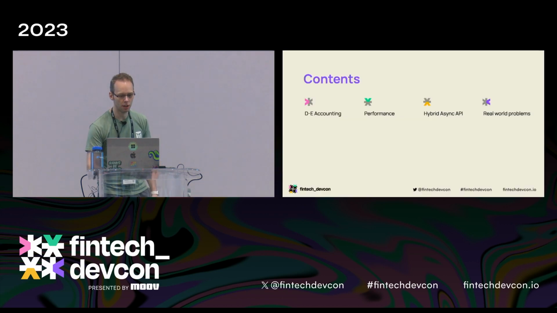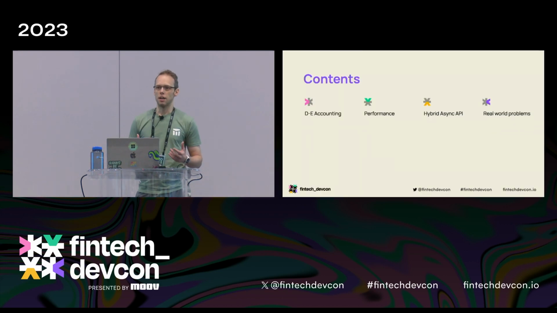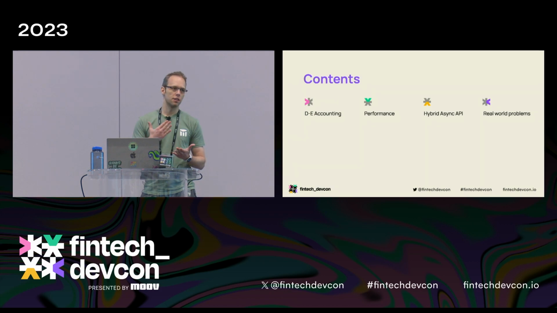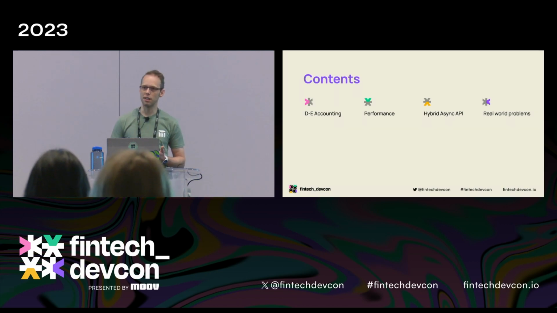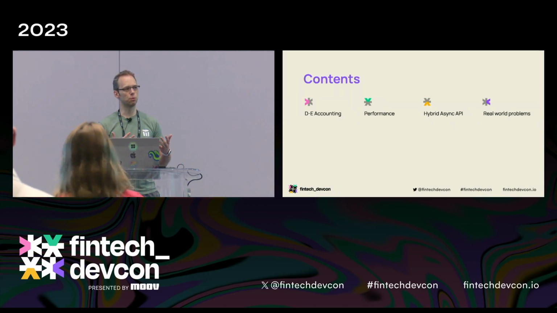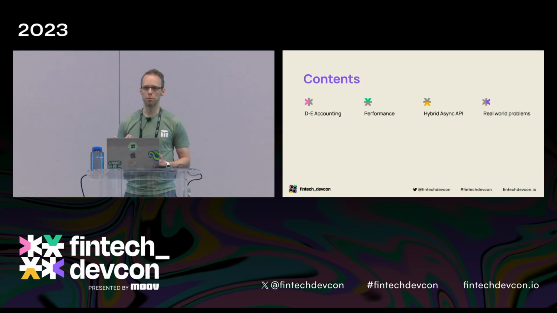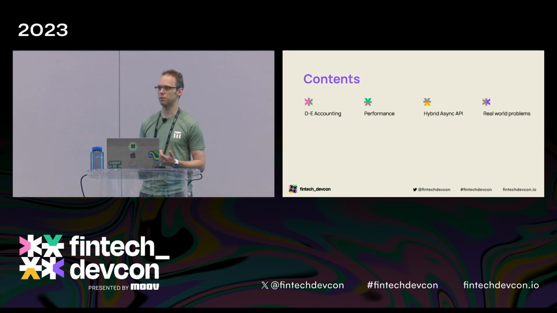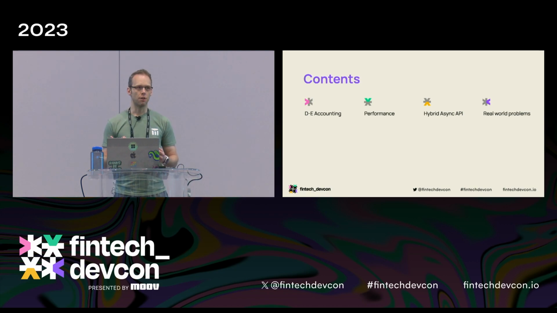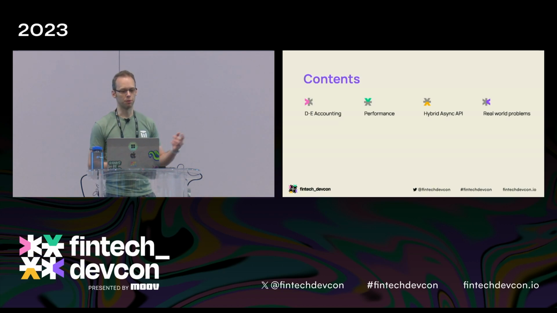In this talk, we're going to start by giving a very cursory overview of what double entry accounting is, and then we're going to build the tables and the SQL modeling that you would need to build a ledger. We're going to talk about the performance implications of building a ledger in the way that we describe, how you can extend the performance beyond a typical relational database use case through what I call a hybrid asynchronous API.